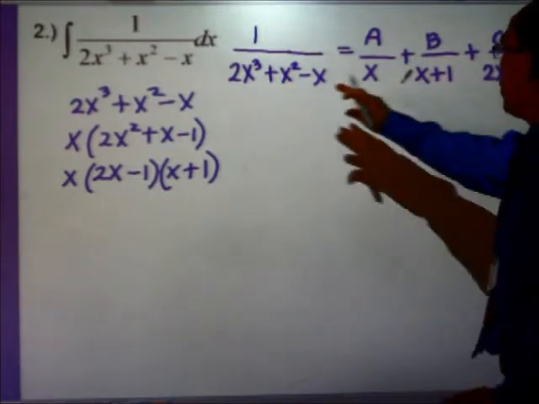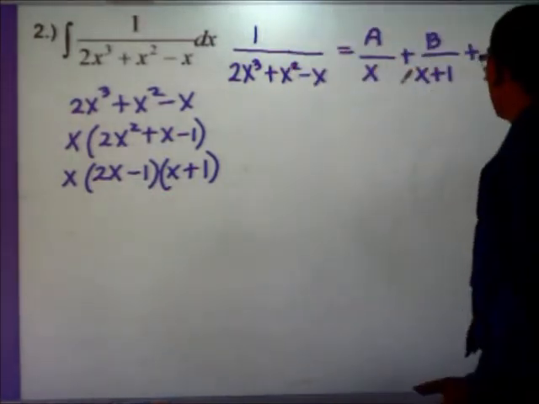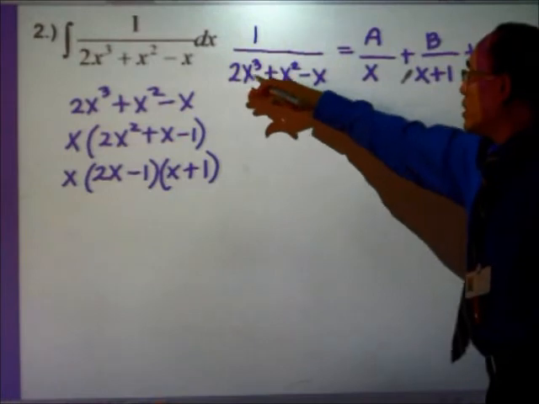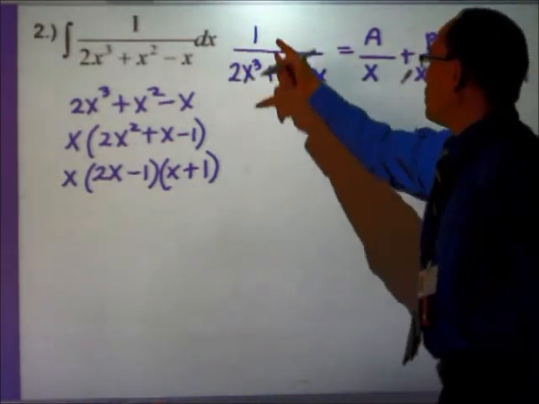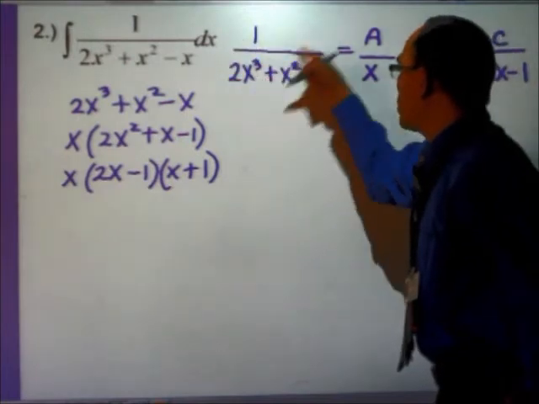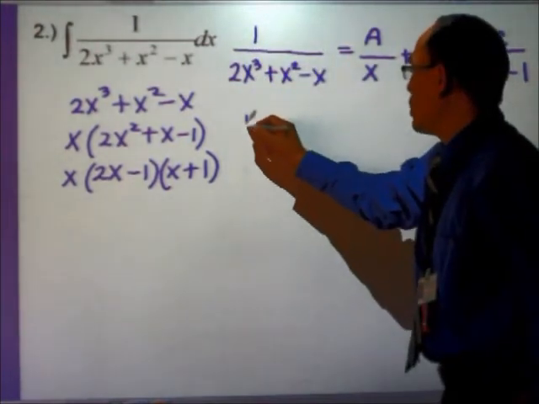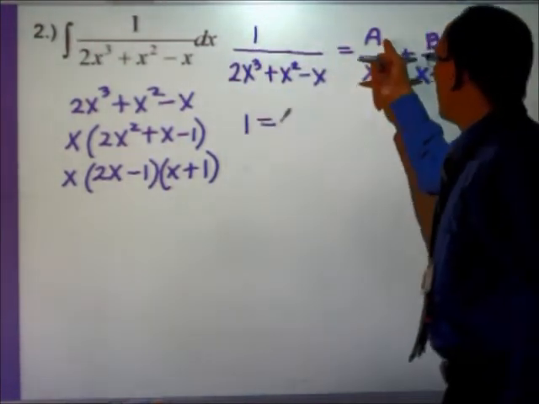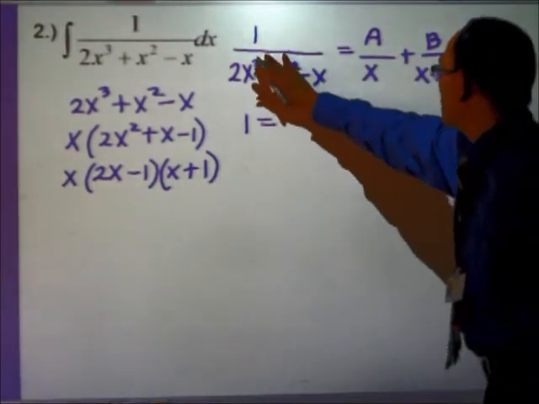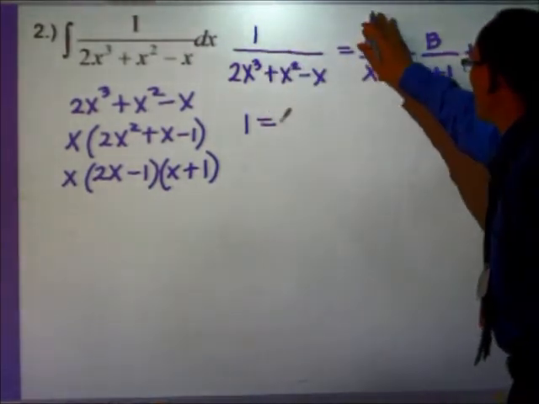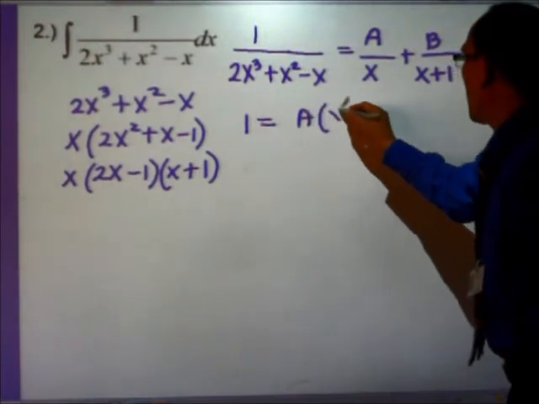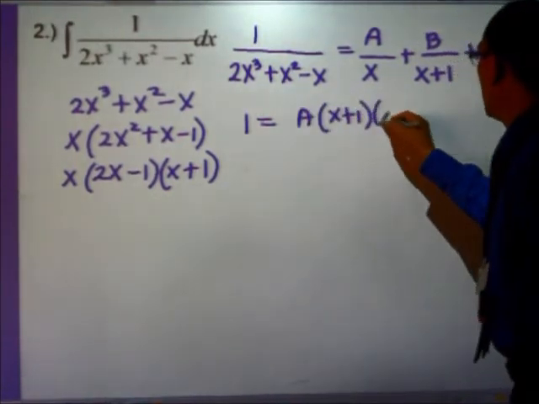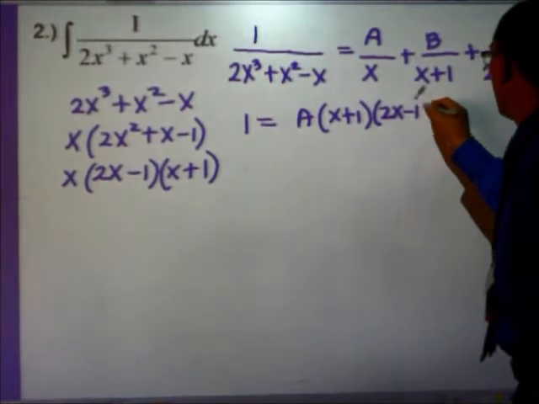So how do we solve it? Of course, if we multiply all the terms here with this great denominator, when we multiply it here, everything cancels out, you will only have 1. If you multiply this to this term here, you will have a times x plus 1 times 2x minus 1.